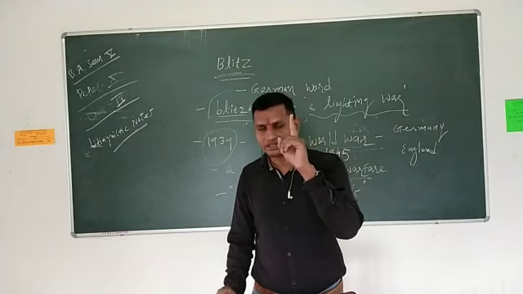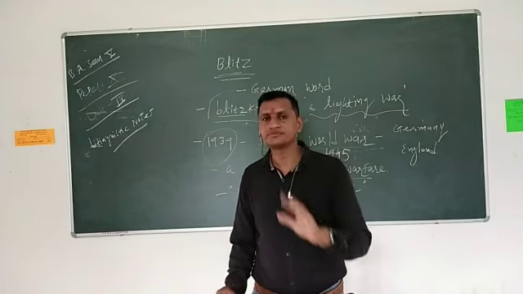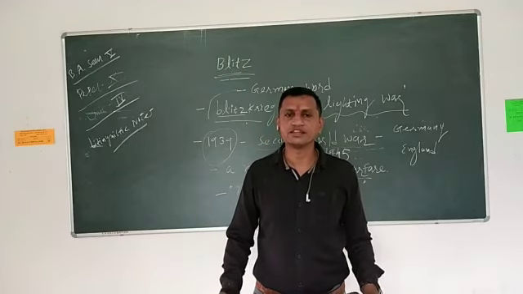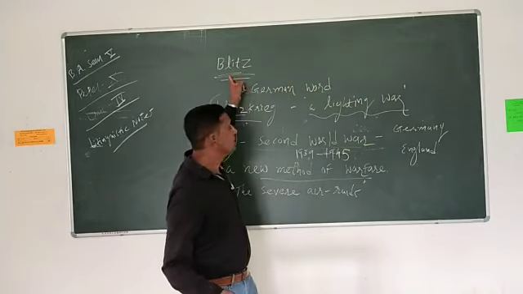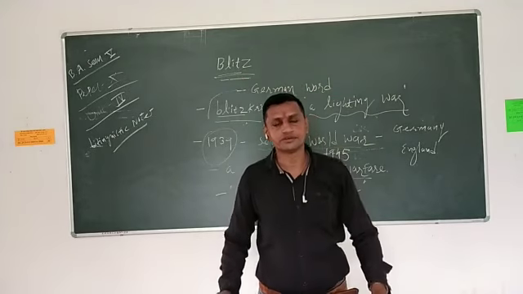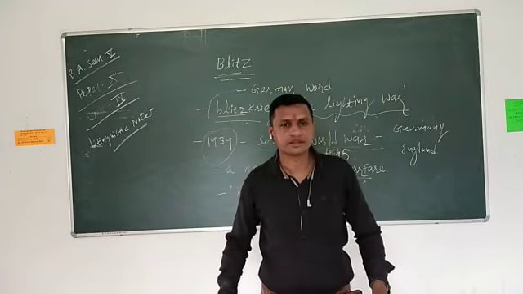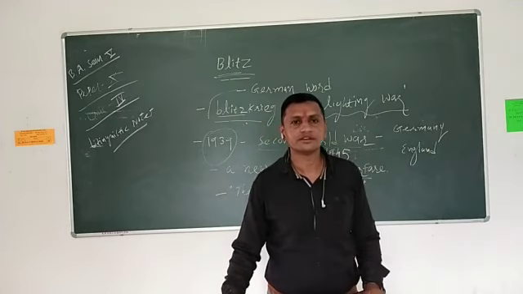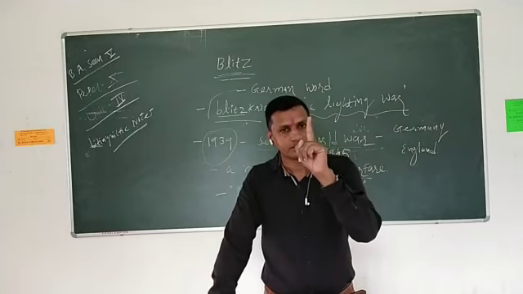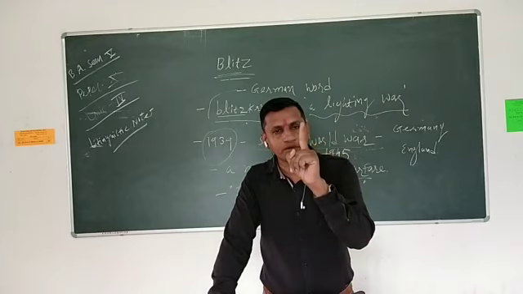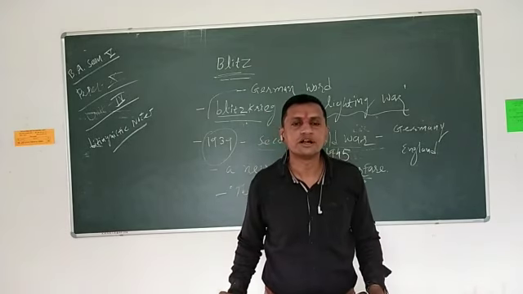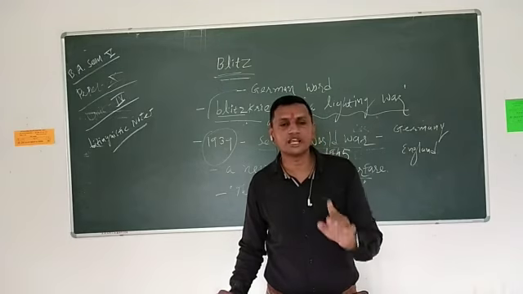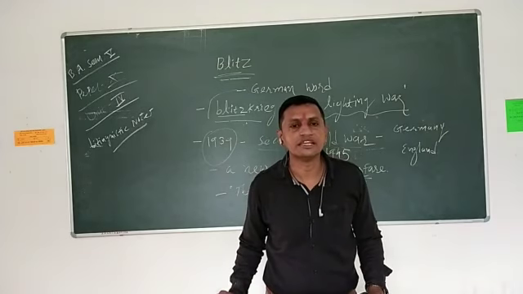Okay, in this video I ask a question. Blitz is a German word. Give me the example of one or two words that came from the German language into our English language.